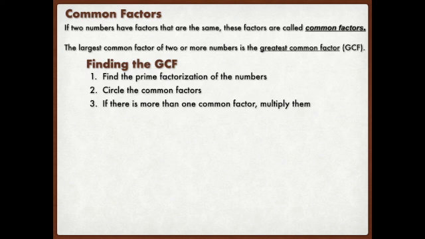Finding the greatest common factor, you can write out all the factors of the number, especially when I tell you to identify the prime factors. Now you're going to have to do your prime factorization tree. So you will first find the prime factorization of the numbers. You're going to identify or circle the common factors.